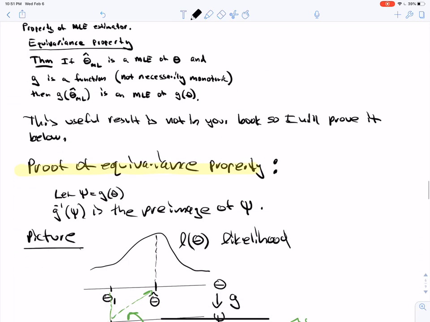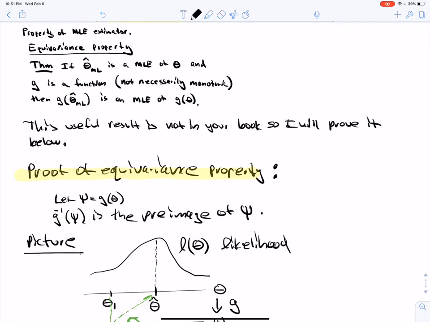So we move on to the property of MLE estimators called equivariance. This is a super useful property. For some reason, it's not proven in your book, but here it is. It says that if you have an ML estimator of theta, and G is a function, not necessarily monotonic, then an ML estimator of G theta is G theta hat.